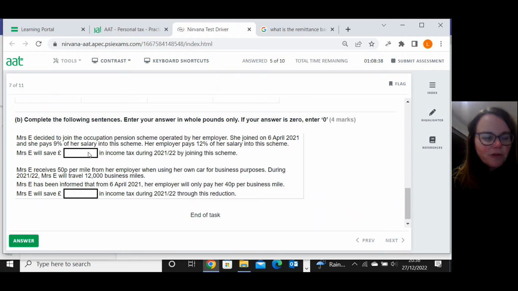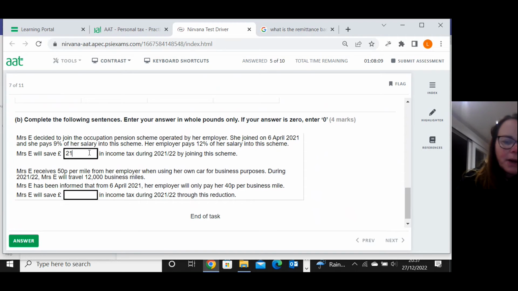Right, so that would be subtracted from her employment income figure. So now her employment income is 53,490. She's still a higher rate taxpayer. So therefore, she will save 5,290, which is the amount we're subtracting, at 40%. So that works out at 2,116.